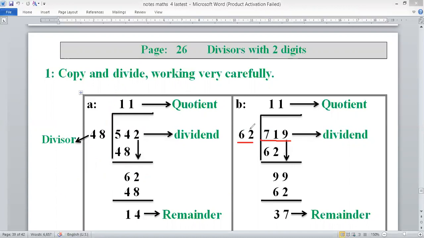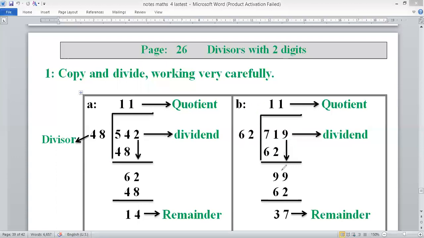So you know that 62 is already very close to 71. Therefore, we will multiply by 1. When you multiply by 2, you will get a number that is more than 71. Therefore, we will multiply 62 by 1, we get 62.